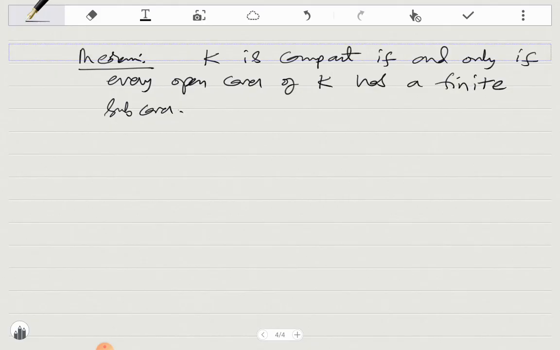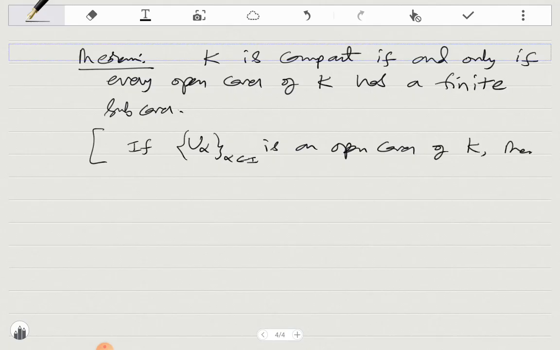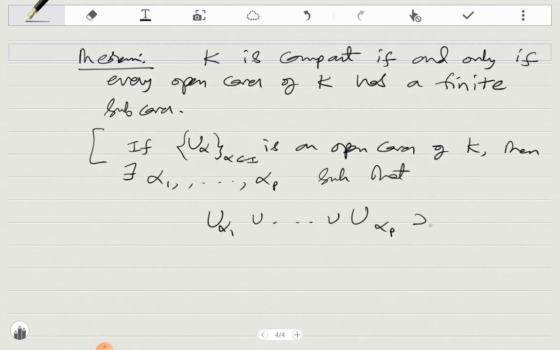Finite subcover. So, well, what this means is that if U_alpha is an open cover of K, then there exist alpha_1 through alpha_p such that U_alpha1 union ... union U_alphap contain K. So in this family of open sets, there exist finitely many of these.